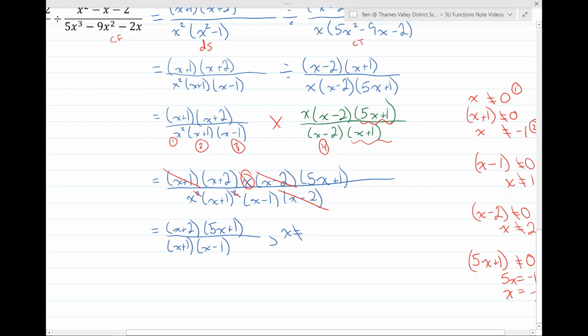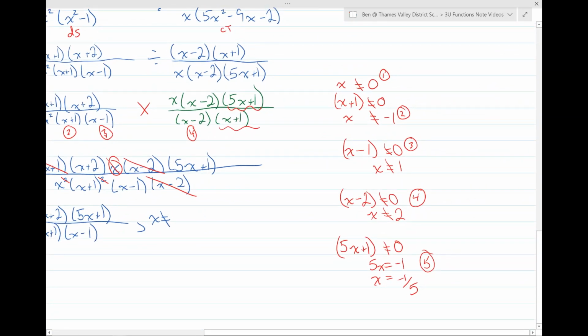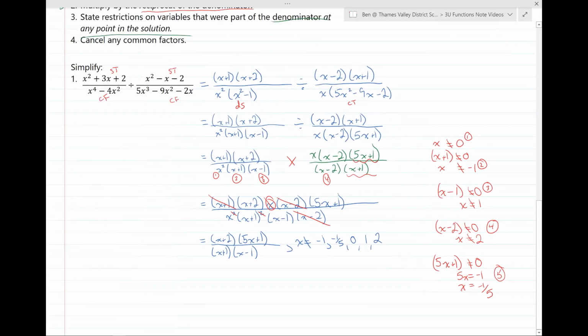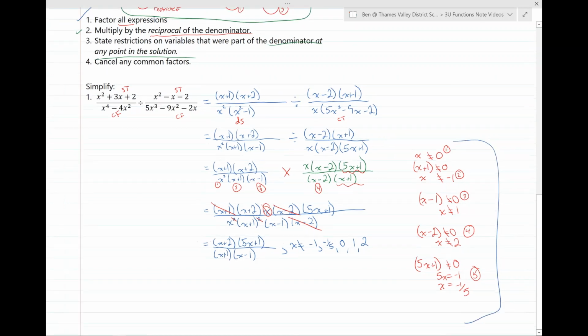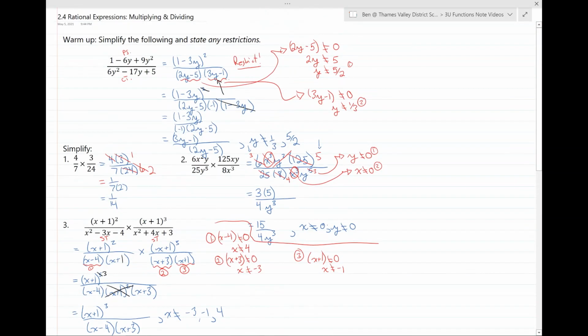We know x cannot equal, and we try to list them from least to greatest, so it cannot equal -1, -1 over 5, 0, 1, or 2. So that's how we handle a problem like that. There are plenty of practice problems. The only difference really is knowing to flip our denominator into its reciprocal and stating new restrictions there. So you should be able to handle questions like that. Thanks for watching.